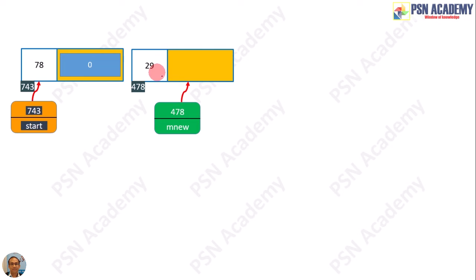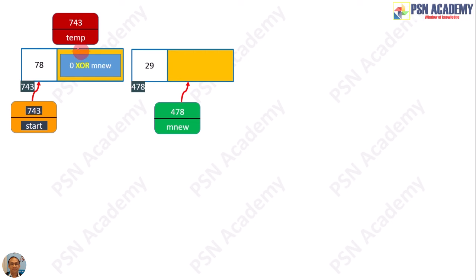Next, you create one node and point it by mu, and suppose the node has been created at 478. So you replace this 0 with 0 XOR mu, because 0 is the previous address and mu is holding the next node's address. So you XOR these two addresses and store the value here.